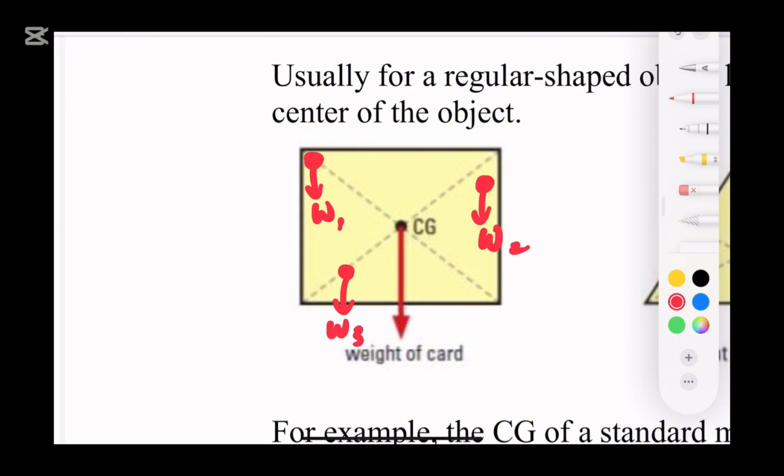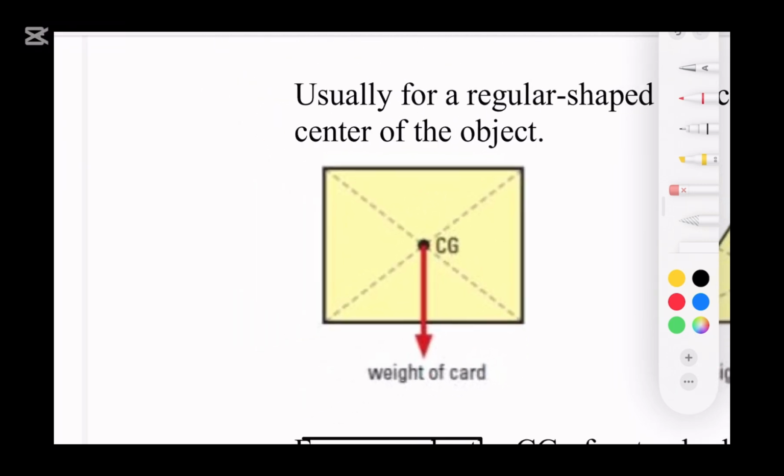So if I cut the card into small pieces, each of these little pieces has its own weight. If I want to express the weight of the whole card, of course, it's just a sum of the weights of the individual pieces.